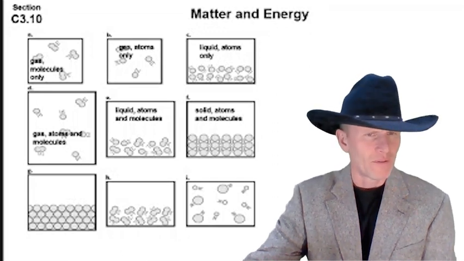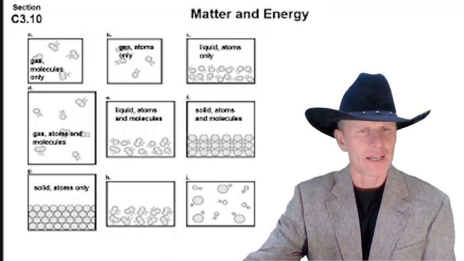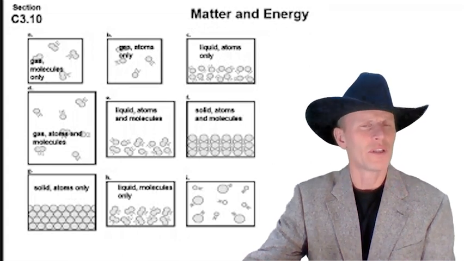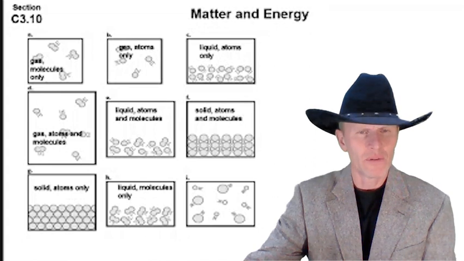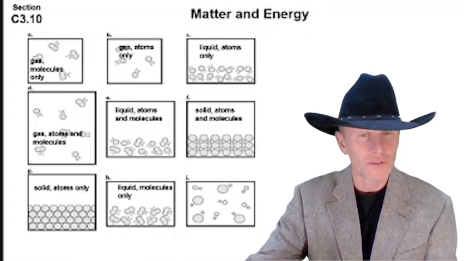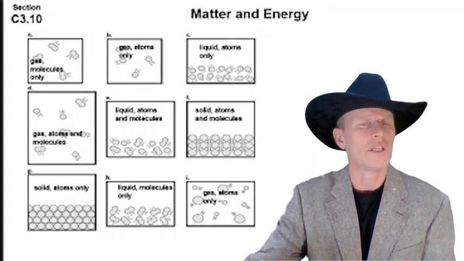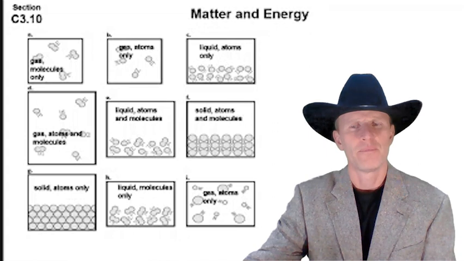Diagram G would be just atoms in the solid form. Diagram H would be molecules moving around there a little bit, so that would be liquid form. And the last one would be circles, big and small, which would be atoms only, and it's filling the container, so that would be a gas.